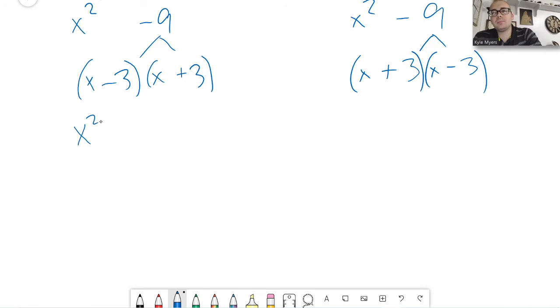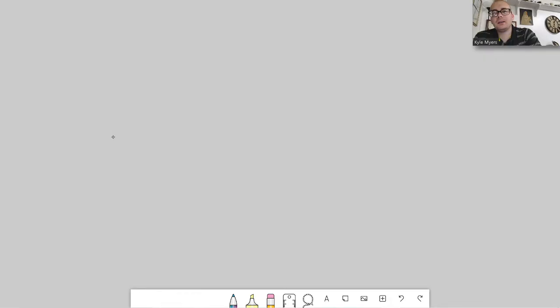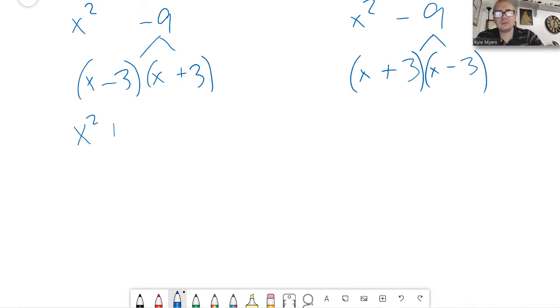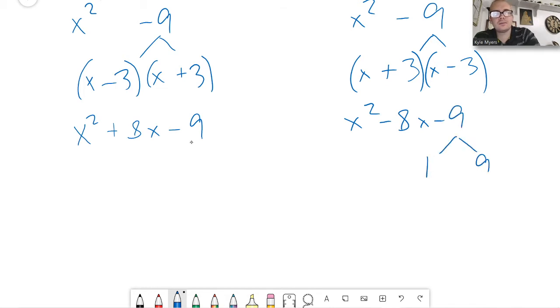But that's not the only thing we can do with 9. 9 also would be x squared plus, oh, is it doing it again? Goodness gracious. Keeps doing that weird stuff. Alright, there we go. X squared minus 8x minus 9. 1 and 9. I kind of skipped to the 3 and the 3.